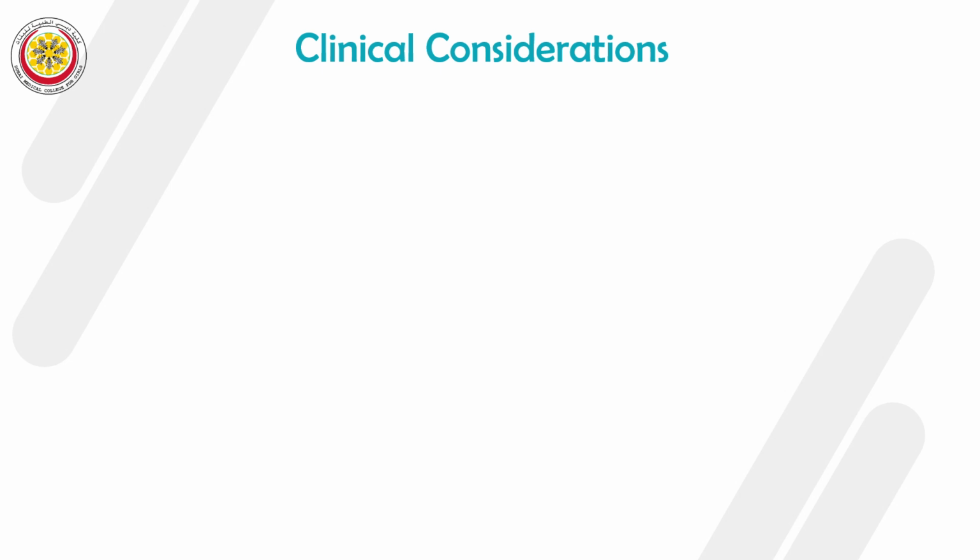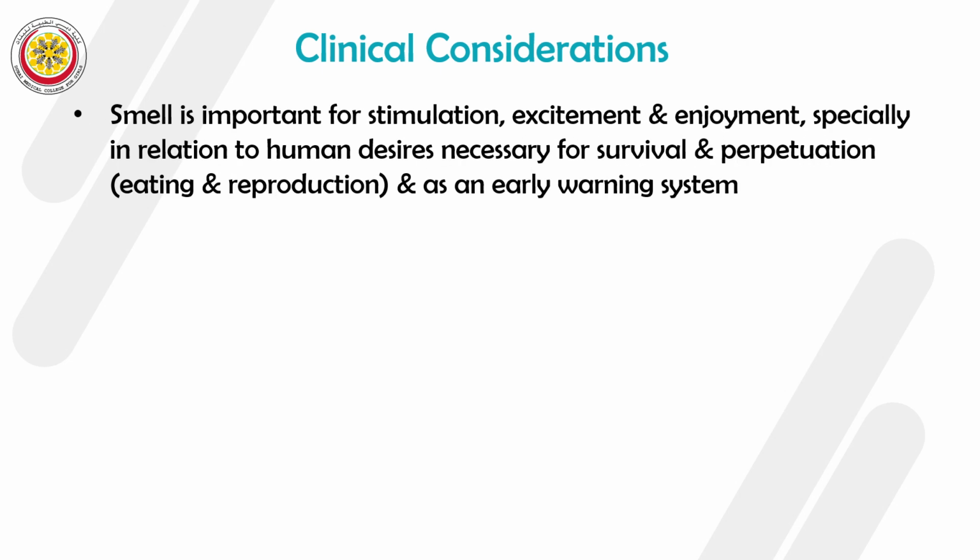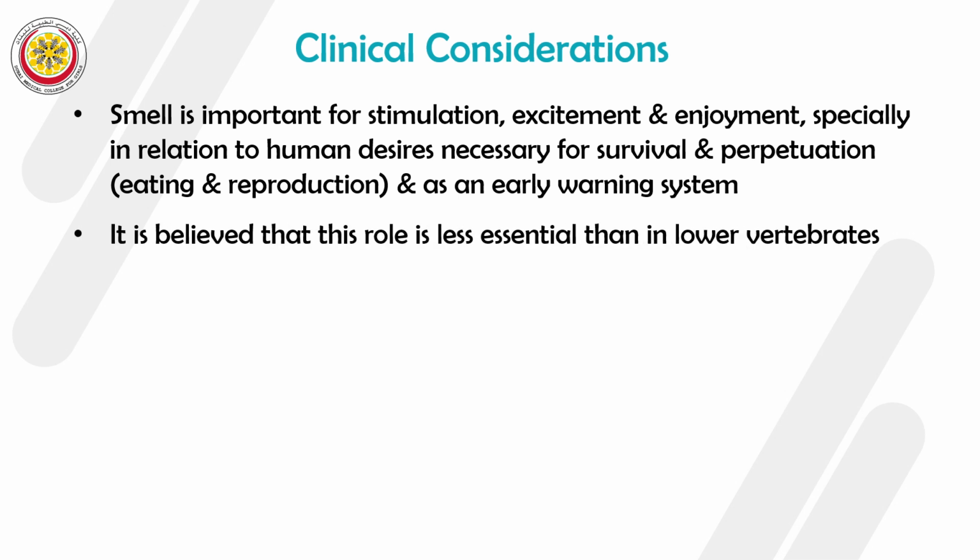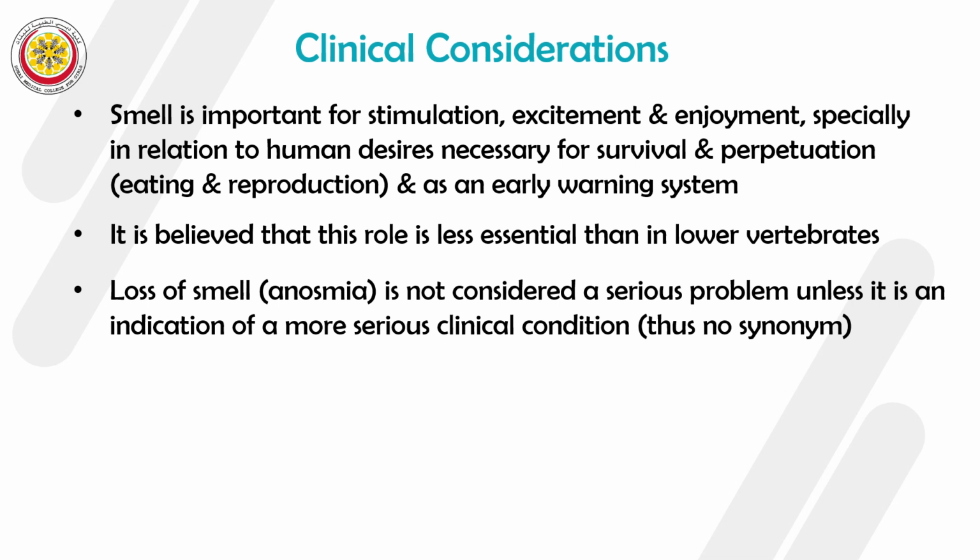But it is important, and because it is important for survival of the individual and of the race, you need to be aware of when there is a problem. So it's important for stimulation, excitement and enjoyment, especially in relation to human desires necessary for survival and perpetuation of the race itself: eating and reproduction. As an early warning system, it's believed that its role is less essential than in lower vertebrates.